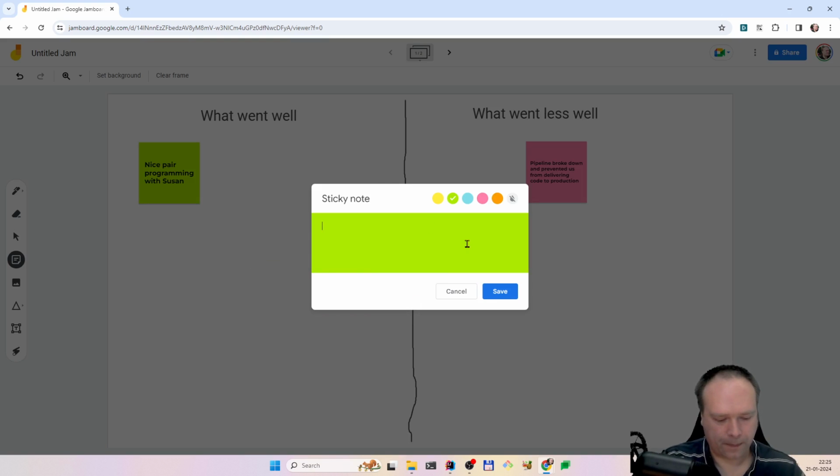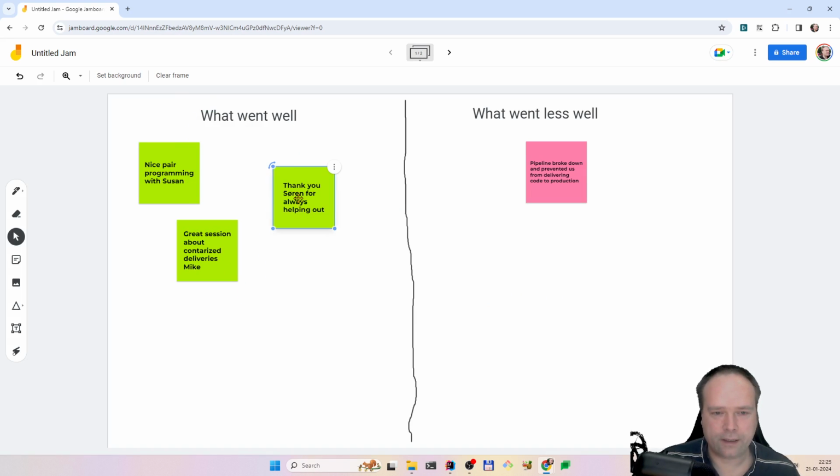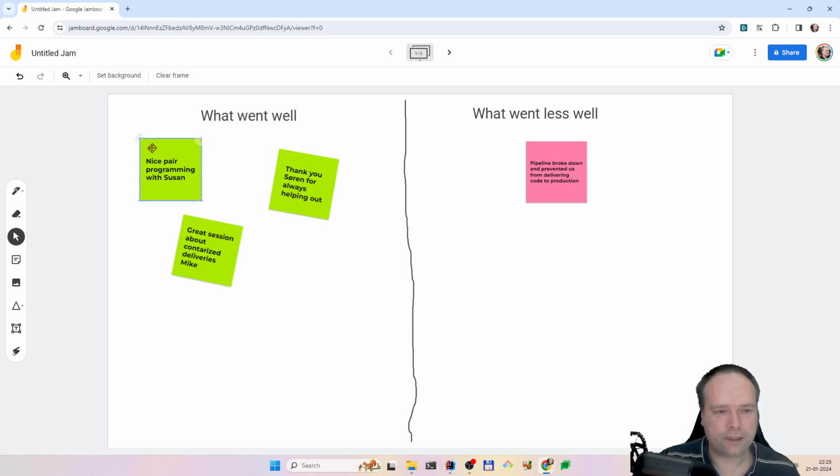So that can be thank you Søren for always helping out, or something like that, or great session about containerized deliveries, Mike, or something like that, right? So you just put the positive things right here, and it does not matter with the color of the notes, just as long as they're on the left side.